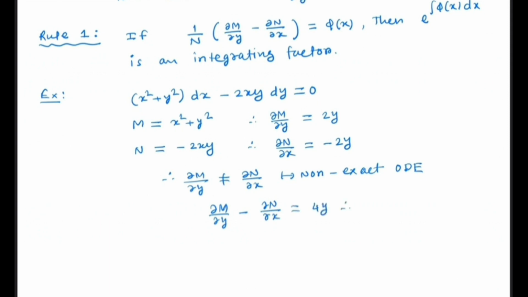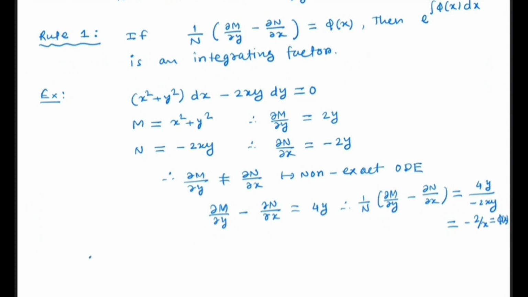And if we calculate 1/N times (del M/del y minus del N/del x), this will become 4y by minus 2xy, which is nothing but minus 2/x, which is our phi(x).